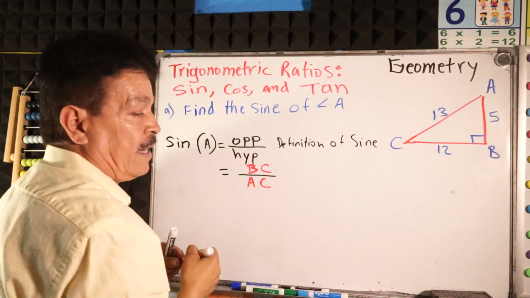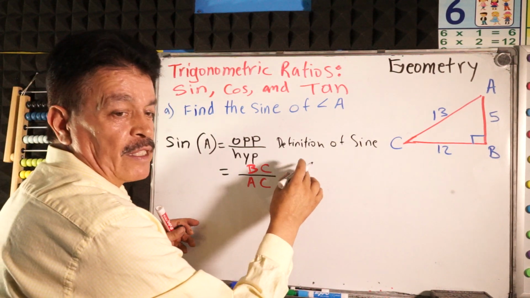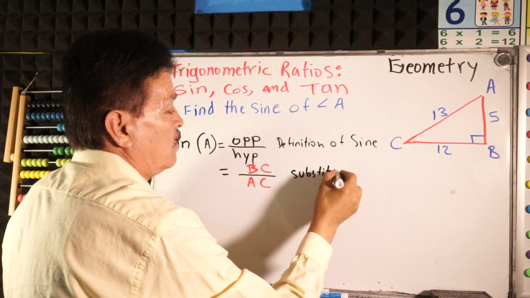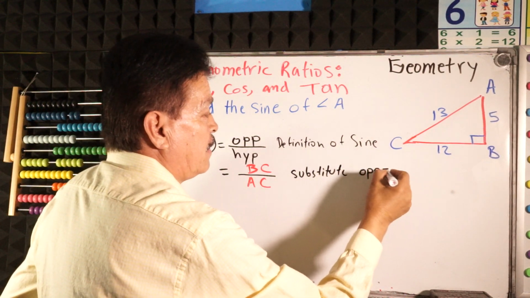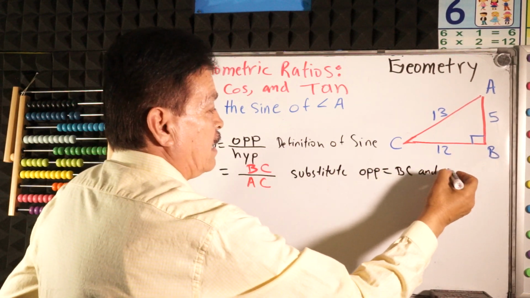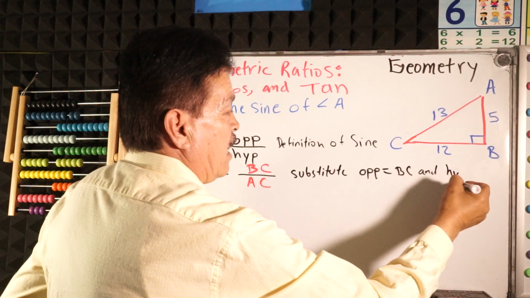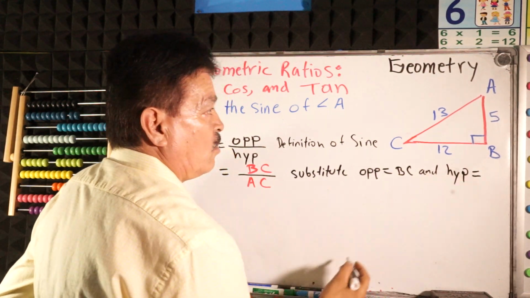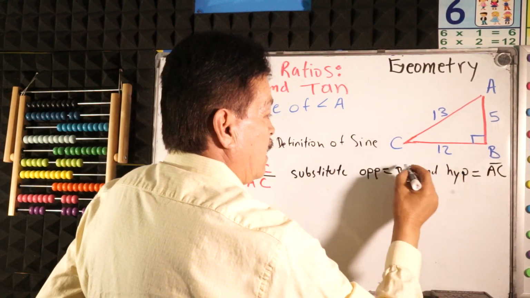This step is substitute. Substitute the opposite, which is BC, and the hypotenuse, which is AC, as sides.